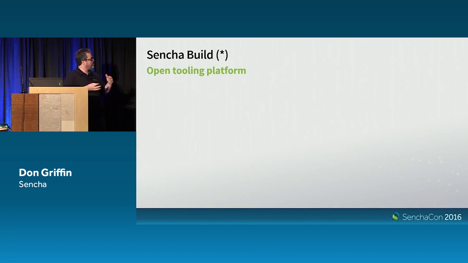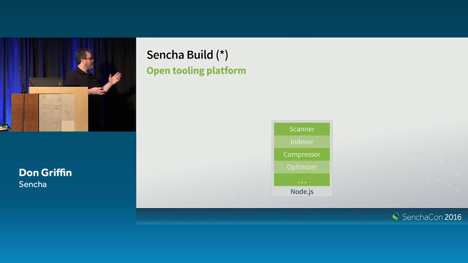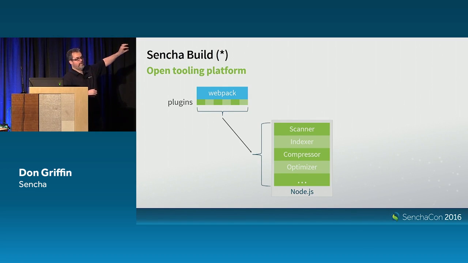And this was already mentioned, the code name again, Sencha build, might not be called that. It's our open tooling platform, based on Node.js, so whatever tools you're using out there, you'll be able to bring these things in, look at the code inside them, figure out what they're doing, and whether they're doing what you need or need to be tweaked. So it's open sourcing on all of those tools. And when we hit a particular thing like Webpack, we're building a very thin layer in there. We're not putting all the logic in a Webpack plugin or any other plugin for any other build system. We're just building thin layers.